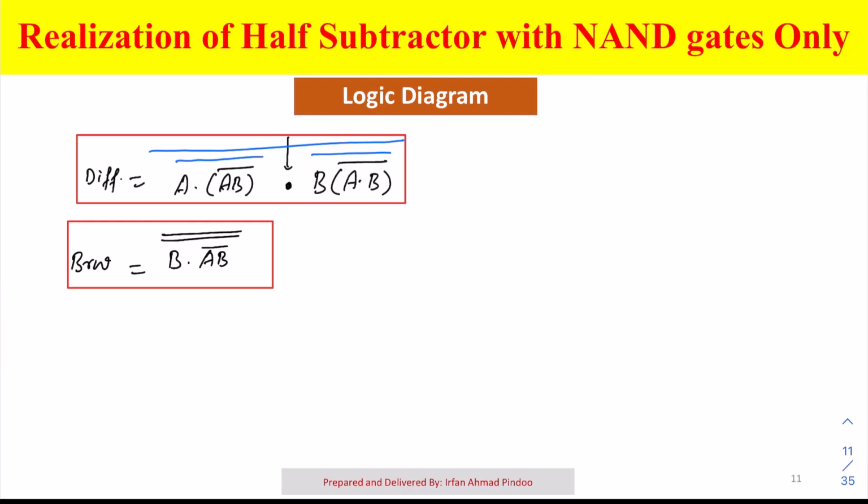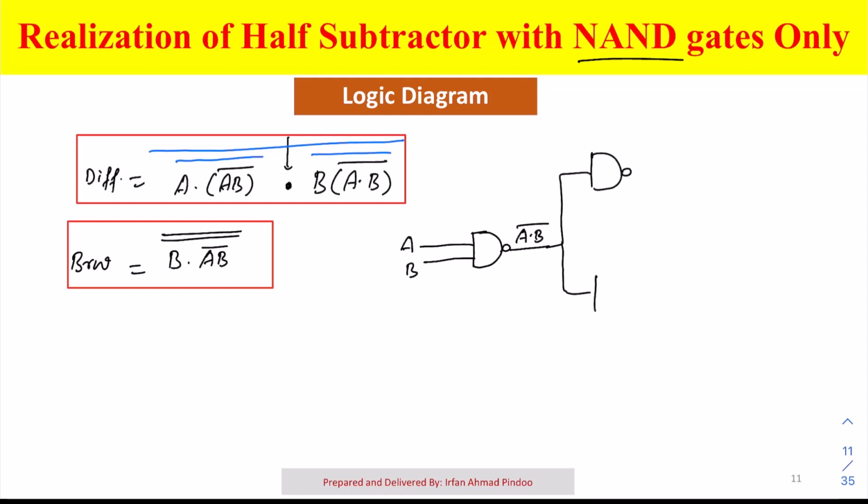Now let us start implementing all this, and because we have to use NAND gates only, we'll use the first NAND gate over here, and in this NAND gate we have two inputs, A and B. So this is obviously (A dot B) whole bar. Now this (A dot B) whole bar will be given as input to two NAND gates further.